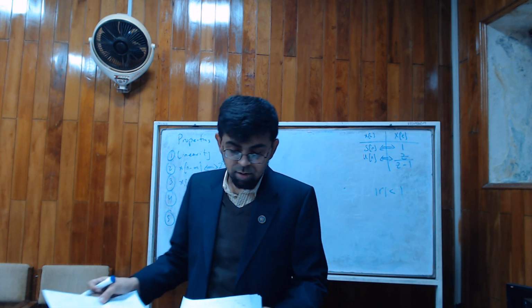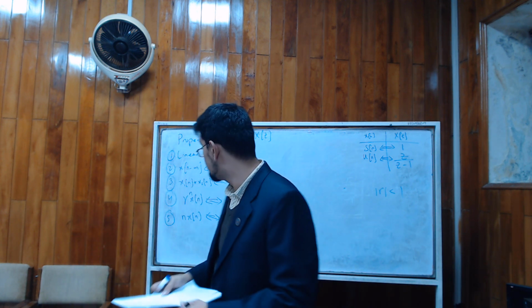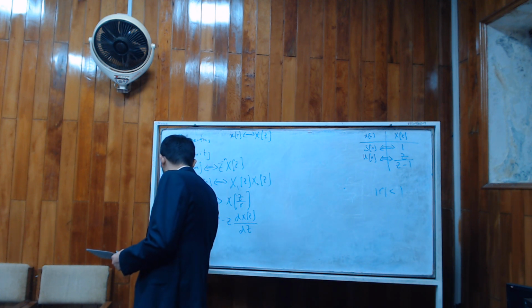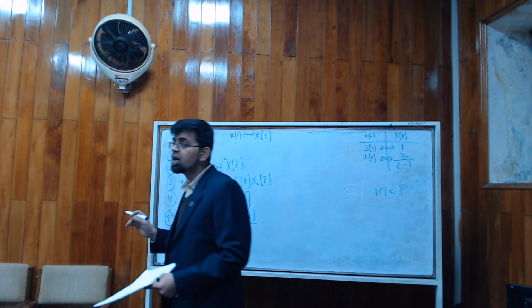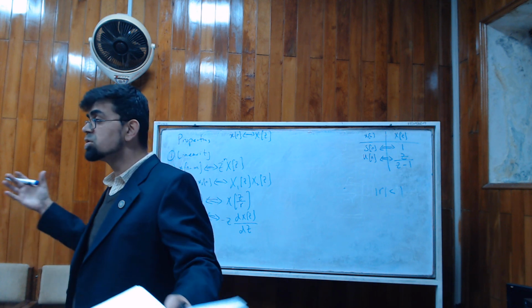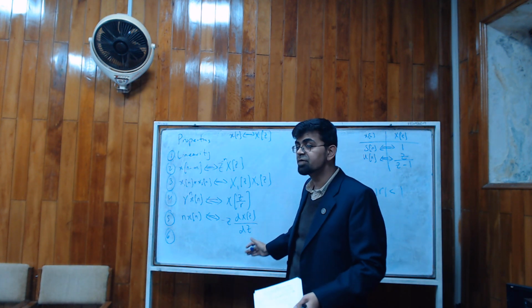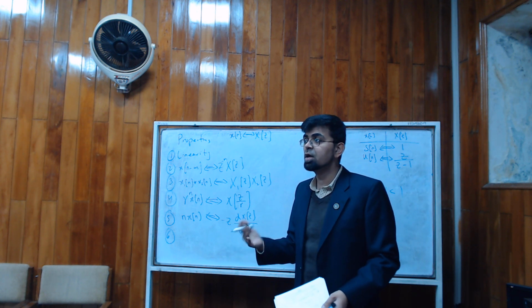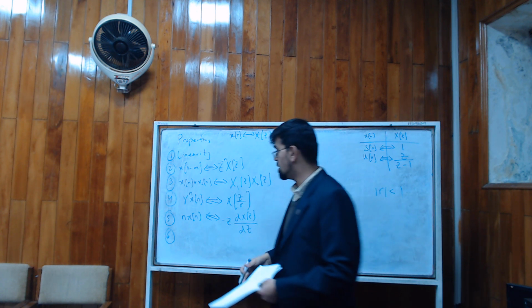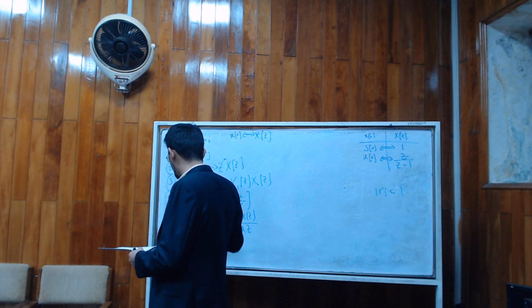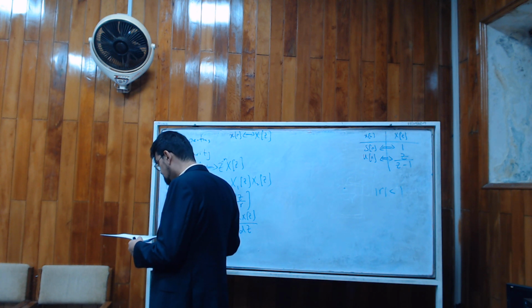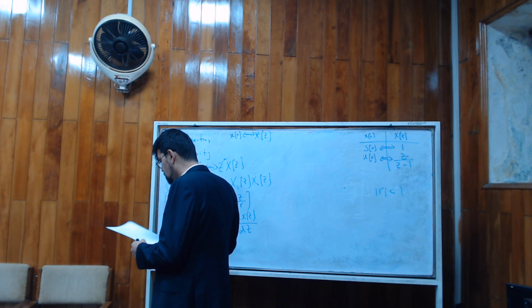Then there were two properties a bit less used, but I'll just write them here. These are by far not the only ones. Some books have huge tables. Your book has a decent sized table. I have picked a few of them just to discuss with you. You can look at the rest and see their proofs from the definition. In most cases, they're not too hard.